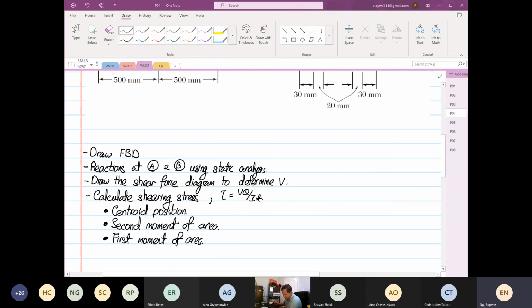And finally, we find the shearing stress at point A and at point B.